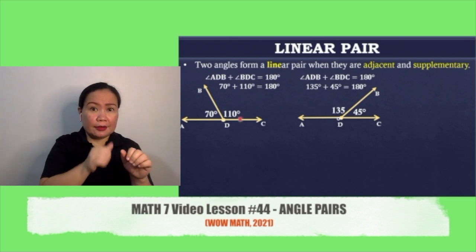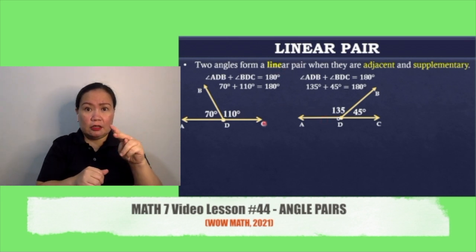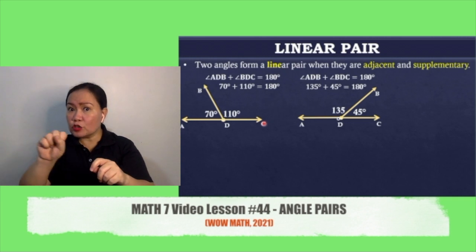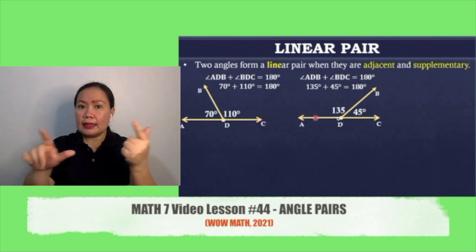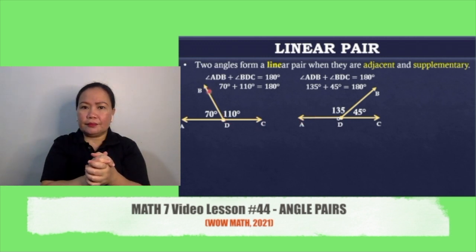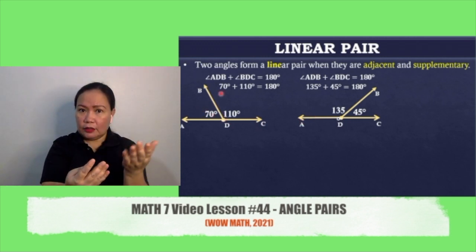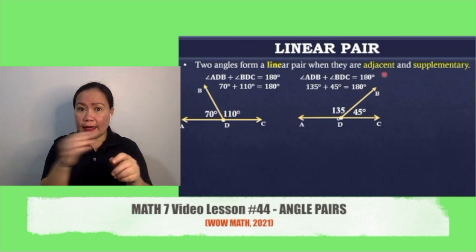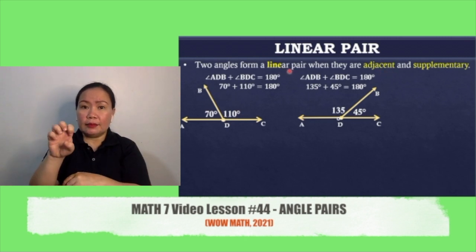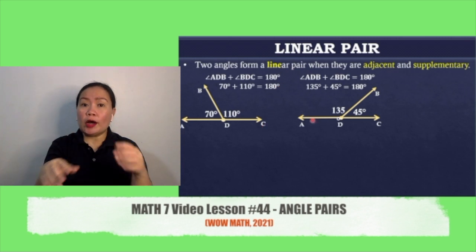Kaya itong dalawa na ginamit natin kanina sa supplementary na example, ito rin ang nakikita natin dito sa linear pair. Why? Because they are adjacent at the same time they are supplementary. That's the definition of a linear pair.